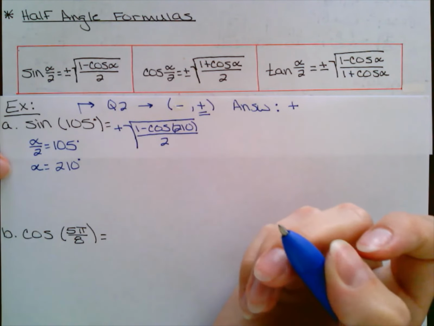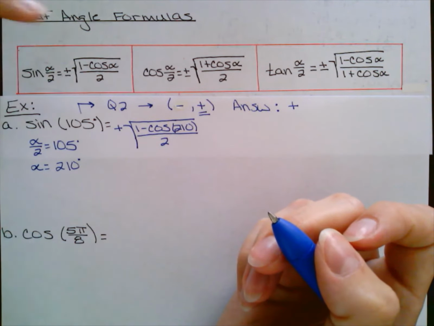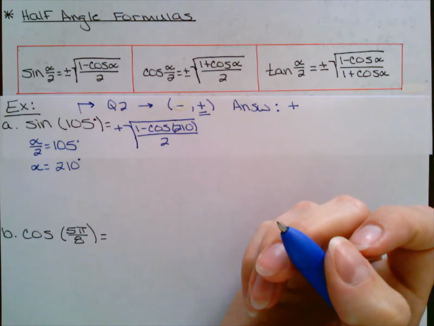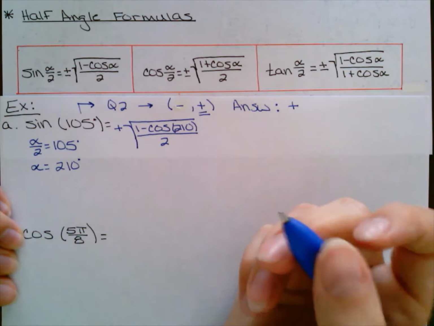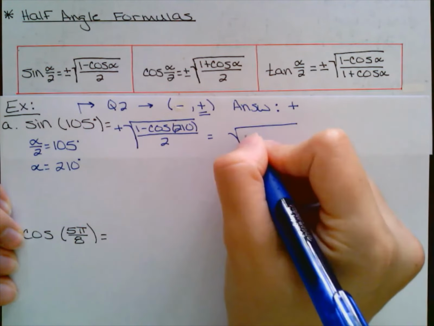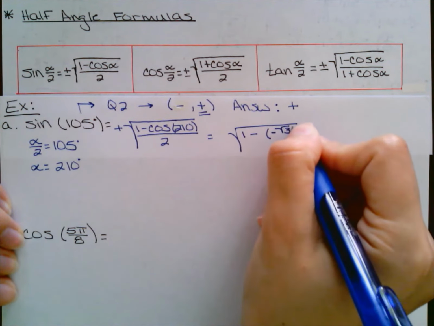So now, next step, at 210, what is my ordered pair? Or if you have it memorized, which if you're in my class, please make sure you have that unit circle memorized. You know that cosine of 210 is a negative radical 3 over 2. Okay, so I have a square root of 1 minus negative radical 3 over 2.